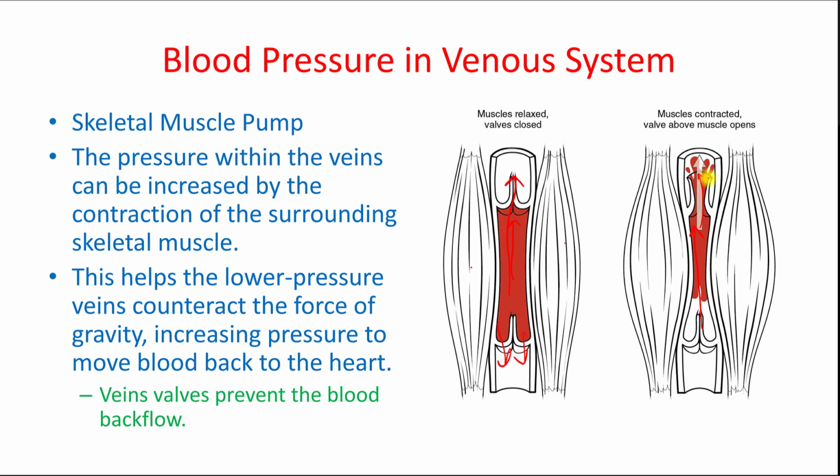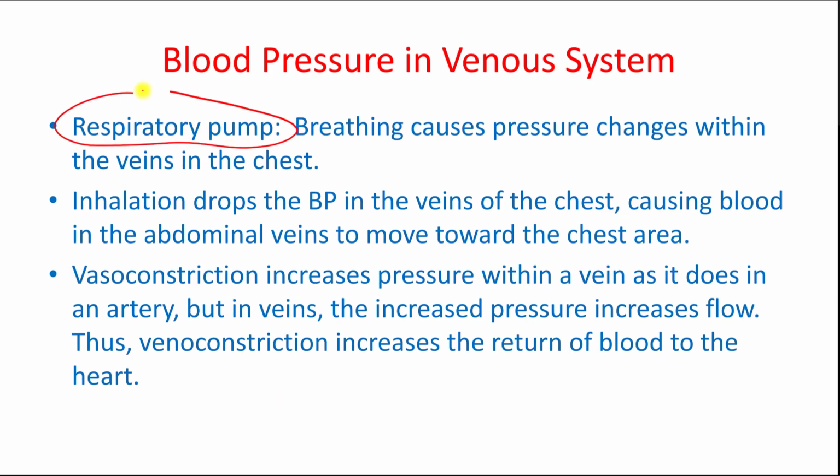Then there is the respiratory pump. The respiratory pump is a result of the expansion of the lungs during respiration, during inhalation and exhalation. When we inhale, our lungs get larger, okay? So they are moving from small to large, and the heart is here. Because of this inhalation, this would create a vacuum, a vacuum in space in the lungs.